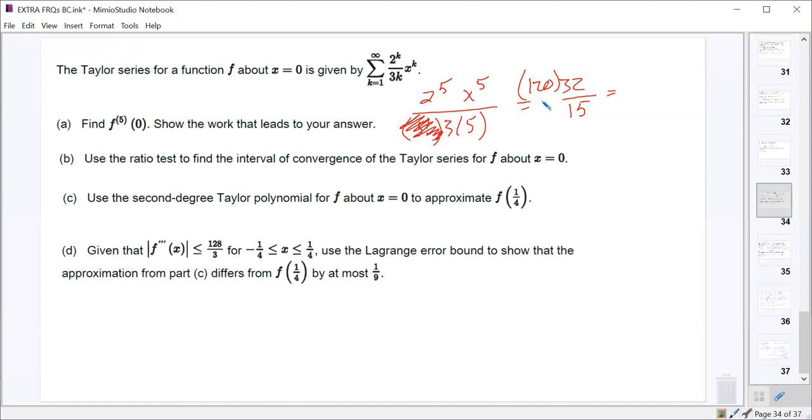Does that make sense to everybody or no? Why we need to do that? Because normally it would have that 120 in the denominator, 5 factorial. But this series itself comes out to be this. Everybody good with multiplying that by the 120?